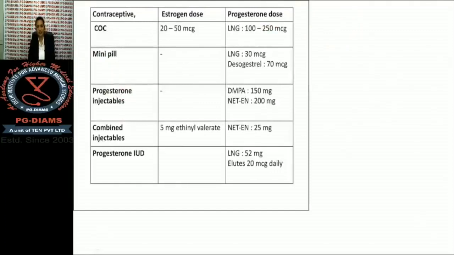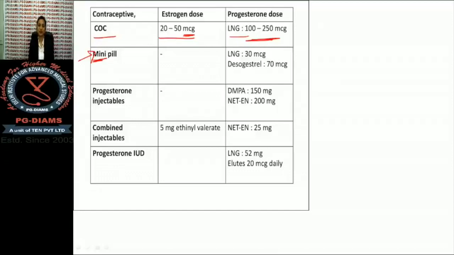Now to give you a rough idea of how much hormone is present in each of these drugs, I've drawn this table. COC is combined OC pills. It has estrogen in the range of 20 to 50 micrograms, while levonorgestrel, the progesterone component, is in the range of 100 to 250 micrograms. While the mini pill is called mini pill because it has a very small dose of progesterone.